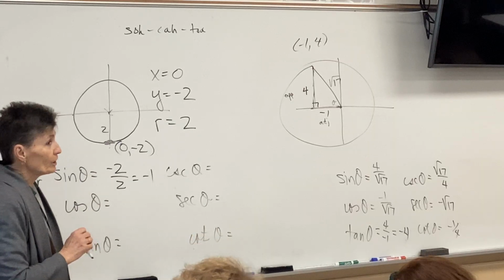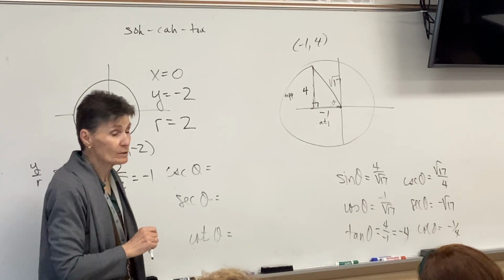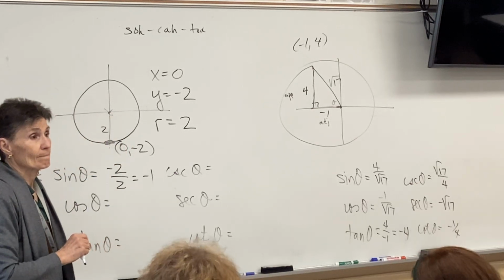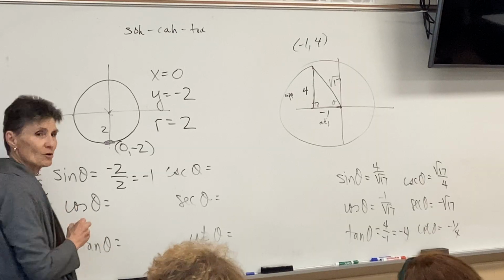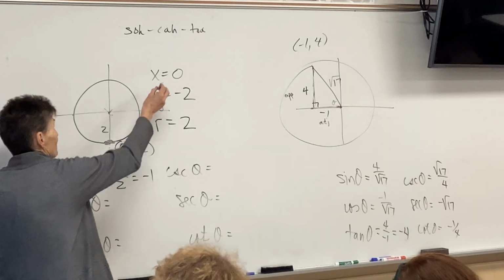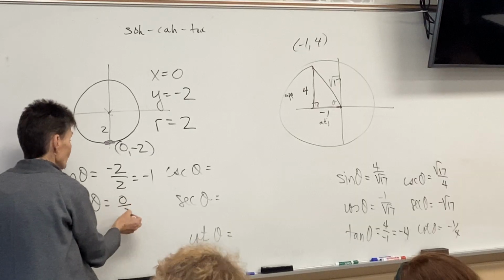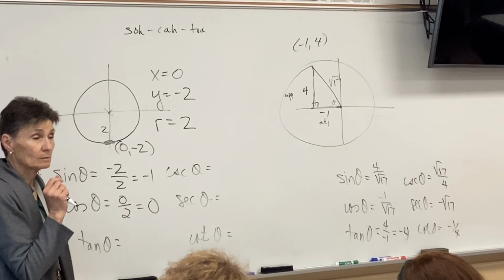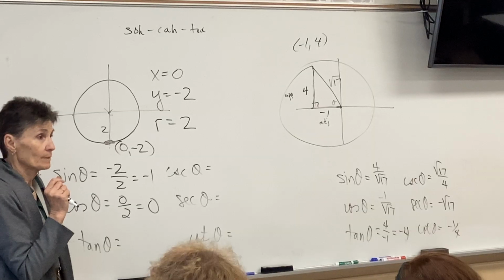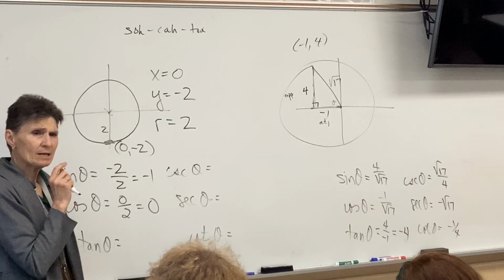What is the circular definition for cosine? X over r. X over r, thank you, Adam. X over r. And for me, that will be 0/2, which is 0. And then what's tangent?